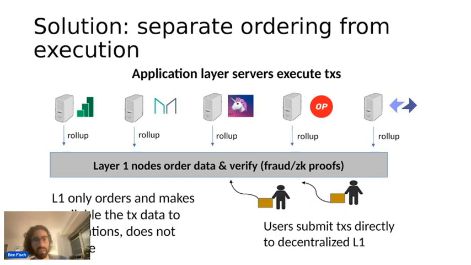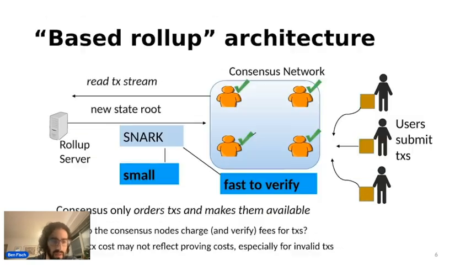So the solution is to separate ordering from execution, and the simplest way to think about this is that the architecture that would save us from this situation is if users would submit transactions directly to a decentralized L1. The L1 would only order and make available the transaction data.